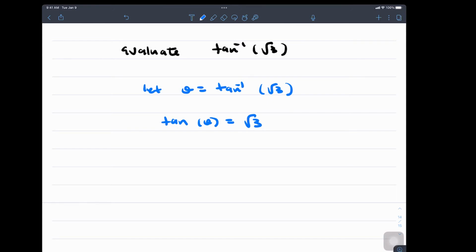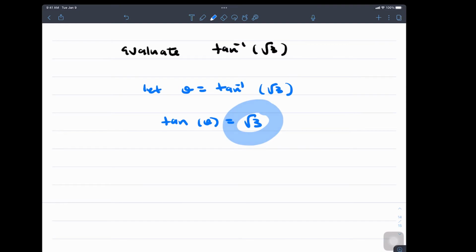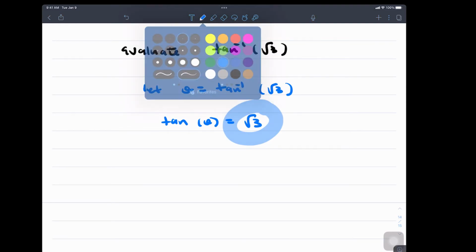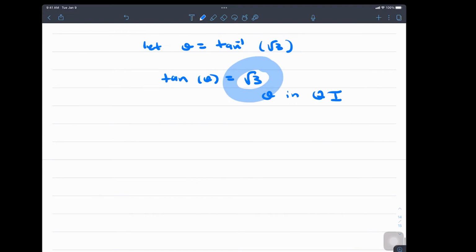And what do you know? Since tangent again is positive, what is theta? Theta is in quadrant 1. That's your reference quadrant. So you don't have to create the reference angle. Okay. What's the definition here? So you say, is that square root of 3 over 1? It is. So what's the definition of tangent? Opposite over adjacent.